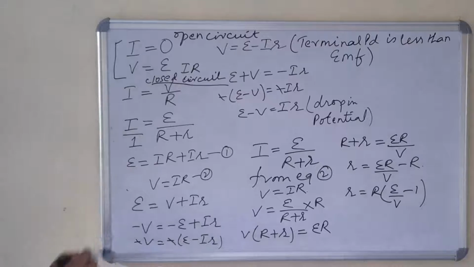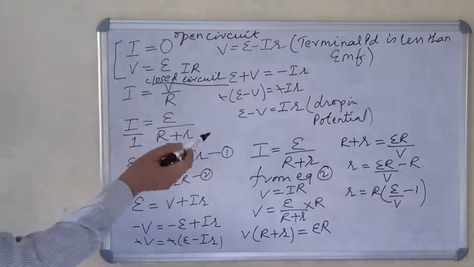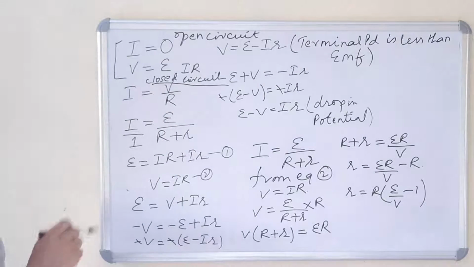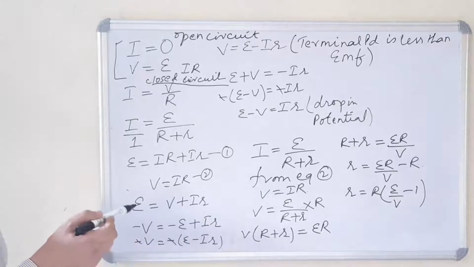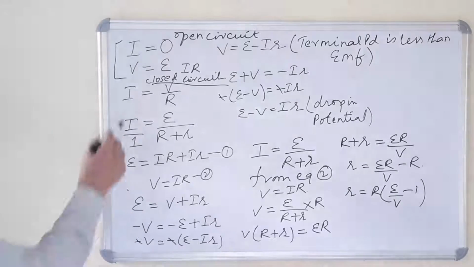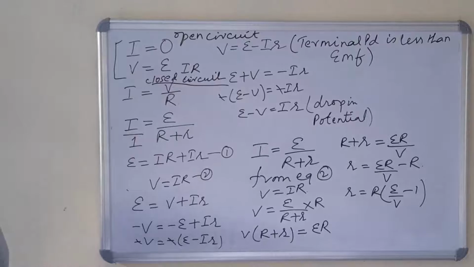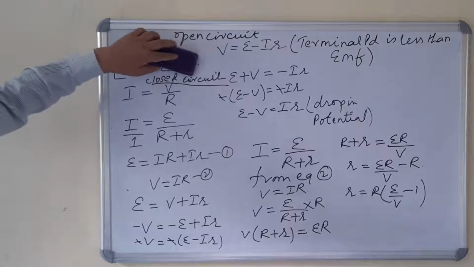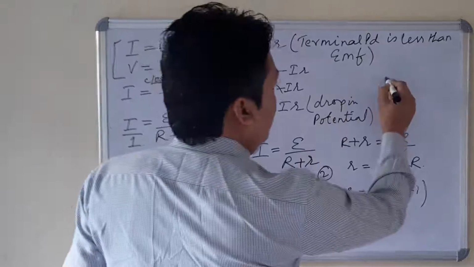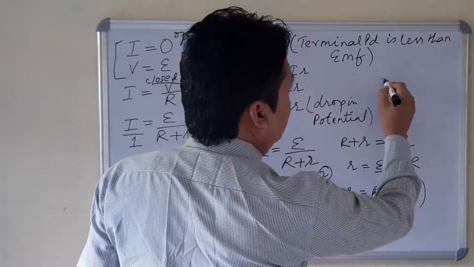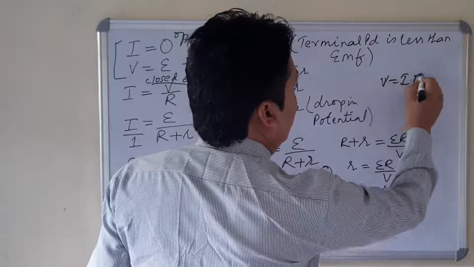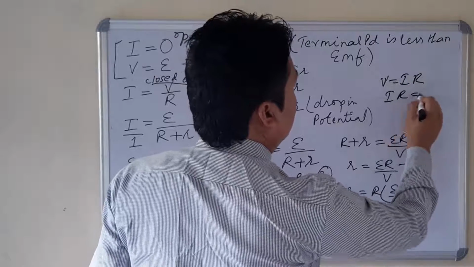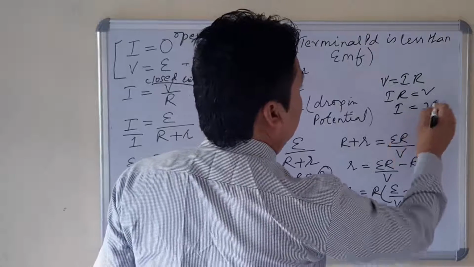In a closed circuit, now when the circuit is closed, the current will flow. According to Ohm's law, the current flowing through the external circuit is given by I equals to V upon R. So from Ohm's law we know that IR equals to V, I equals to V upon R.